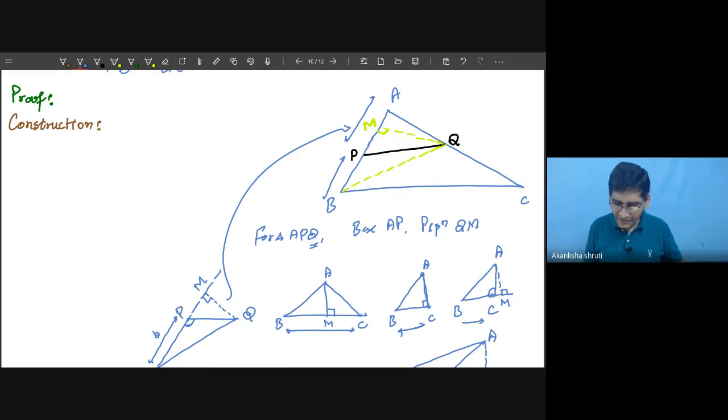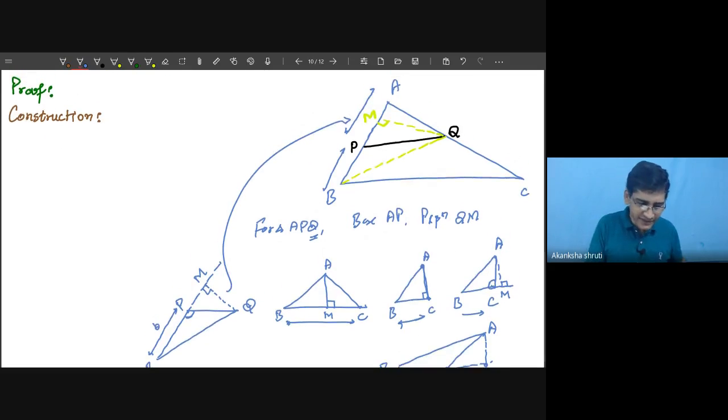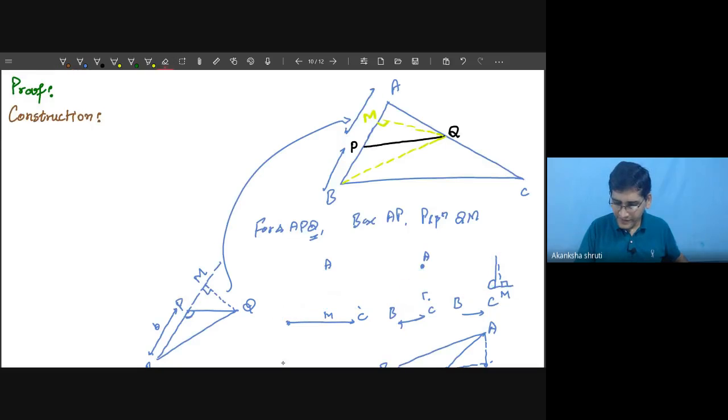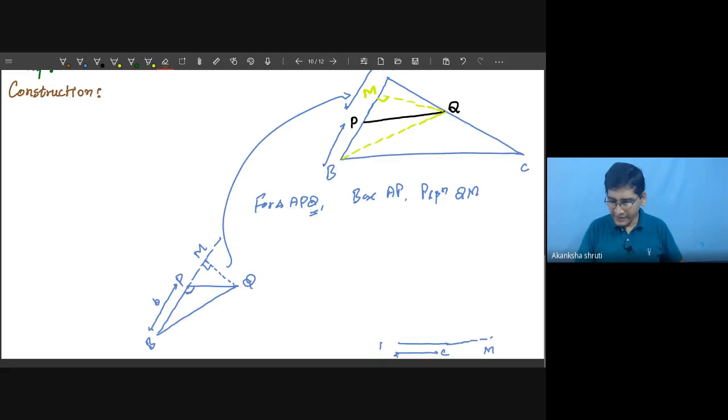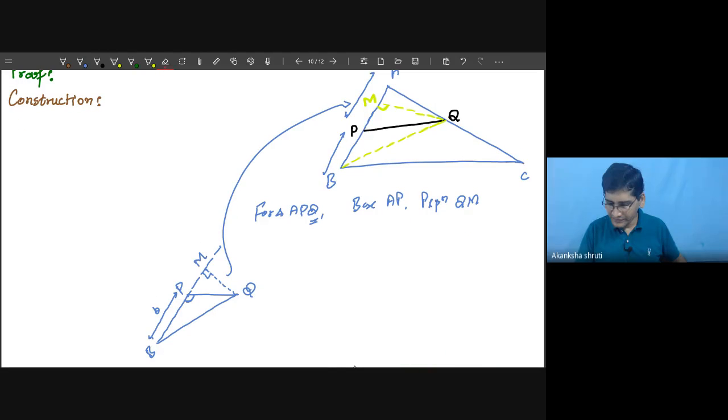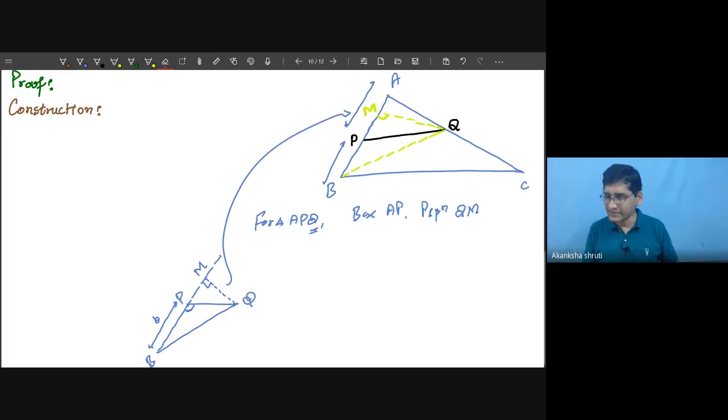At the same time, if we consider the other triangle like BQP with the side BP, we will get the same perpendicular. Okay, so this is important. The students are missing this point only, otherwise they will try to remember or mug up this, and this is a very important theorem. It is asked very frequently.